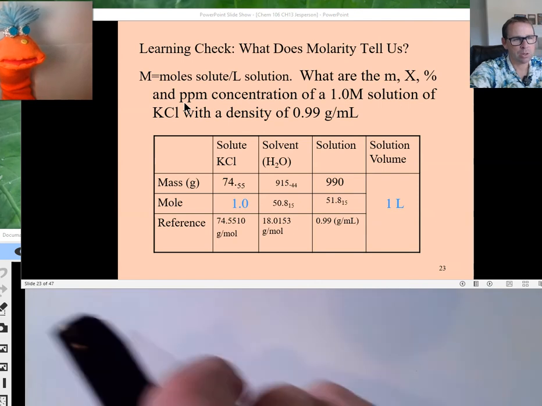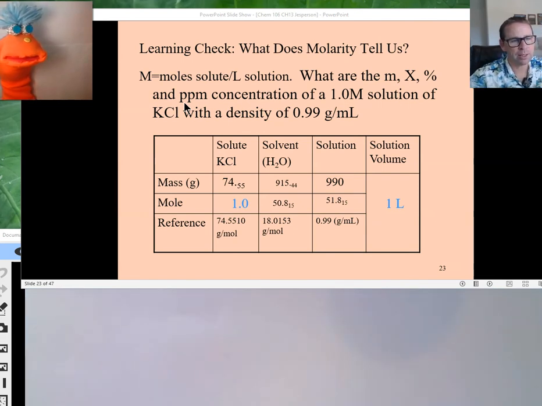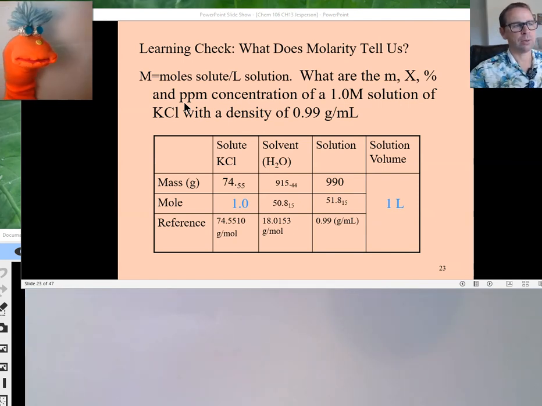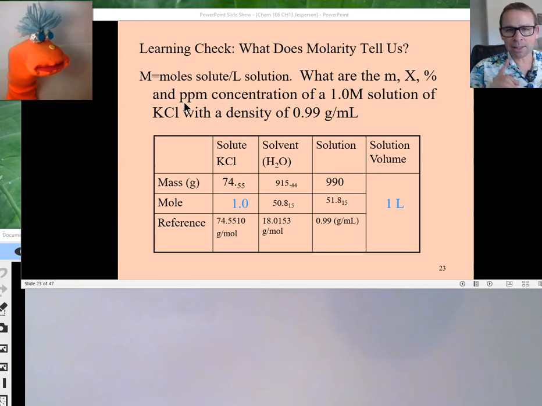Okay, so if I want to do molality first, what was molality again? Moles of solute per kilogram of solvent. All right, so how many moles of solute? I mean, on this chart?